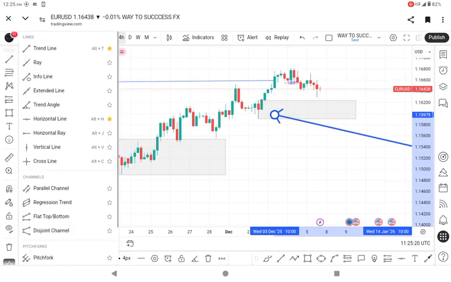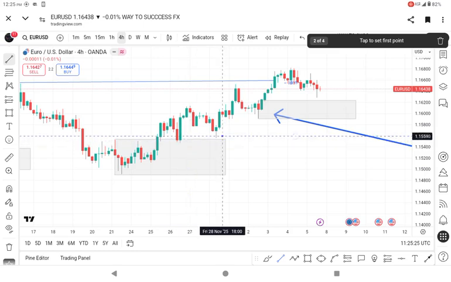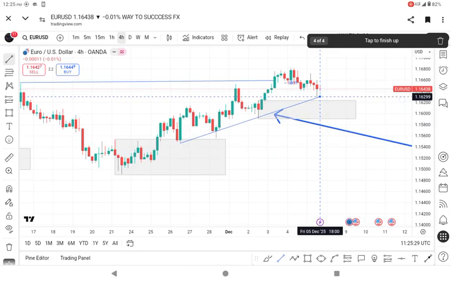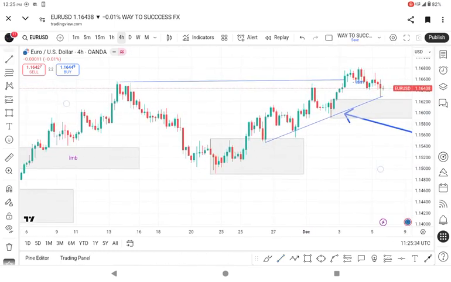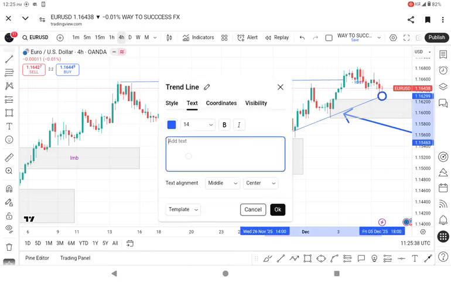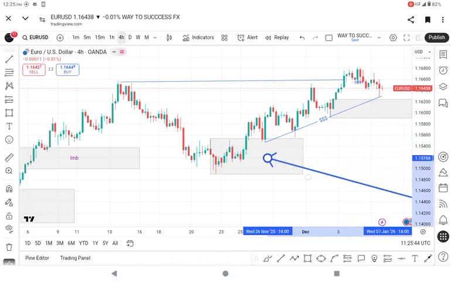Instead, if you look here, you will also see that price has created a trend line liquidity. So this is what I have now on the H4 time frame, and I need price to take the trend line before I will be looking for my buy.